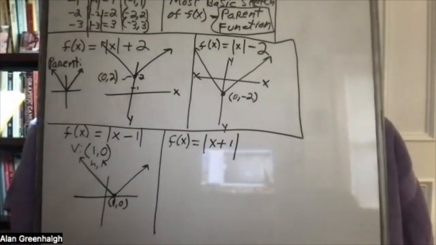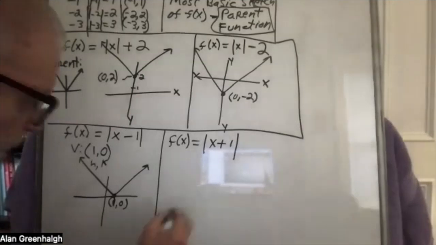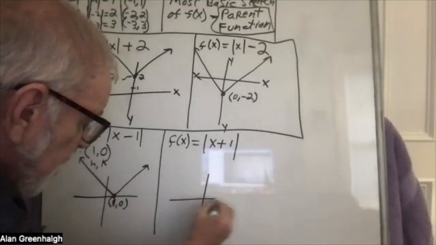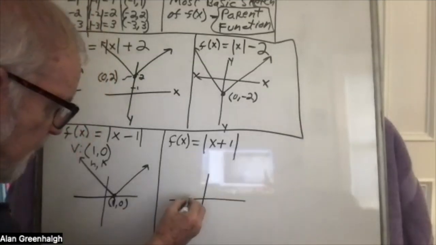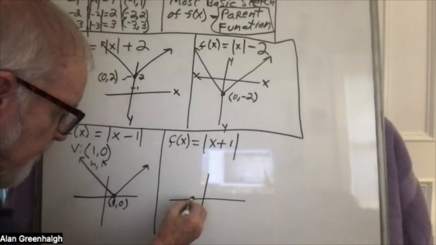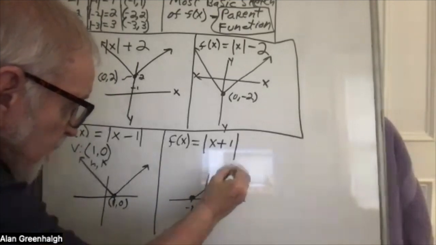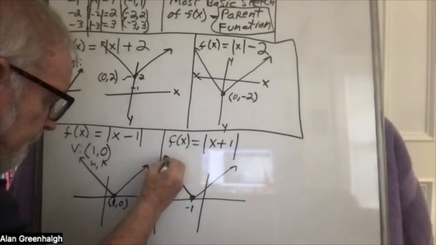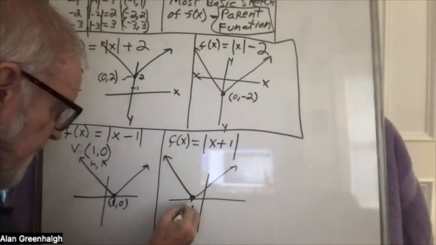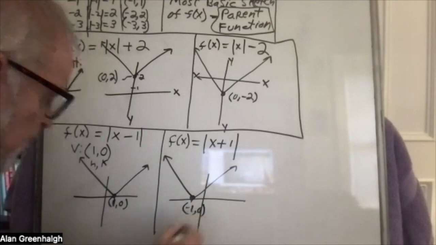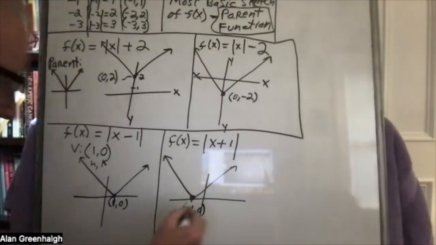As opposed to f of x equals the absolute value of x plus 1, which will go to a starting point over here of -1, 0. And this is the vertex.